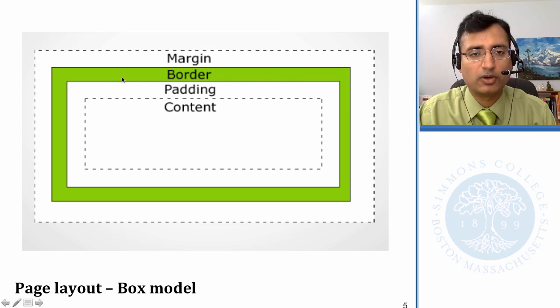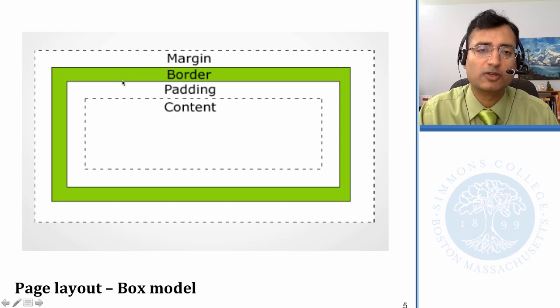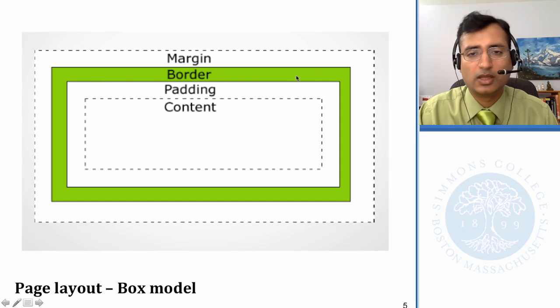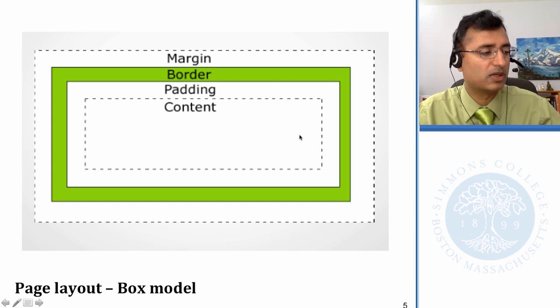And the border goes around the padding and the content. If you specify it to be 0, again you don't see it. But if you specify it to be at least 1, then you can see the border surrounding the content. And a margin is a clear space around the border, and the margin is transparent as well.